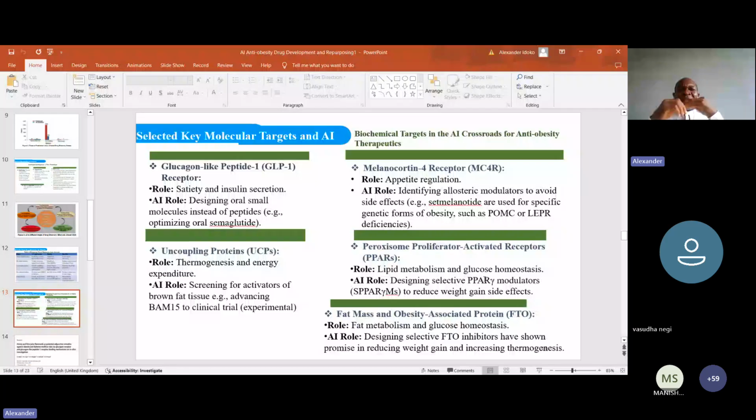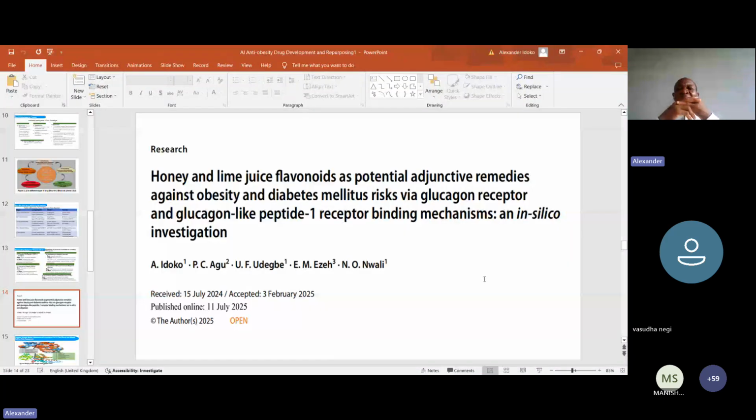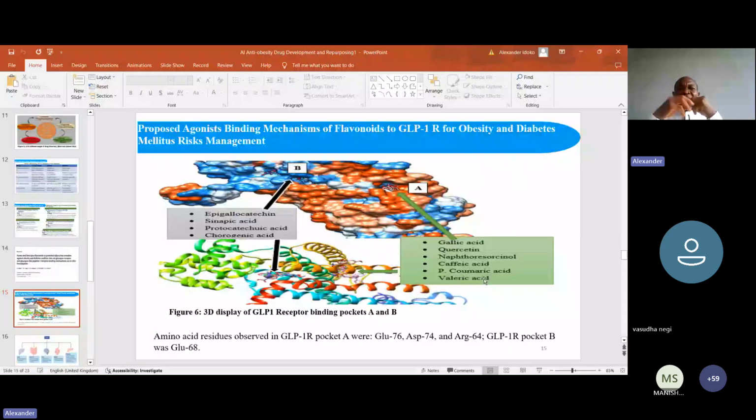And in this study, using machine learning, AI, we discovered that this very receptor has two binding sites, pockets A and B, where these small molecules, the flavonoids, were able to attach themselves and bind to. And actually, this gives a great insight because it was possible because of the amino acid residues that were in these various active sites of the protein.